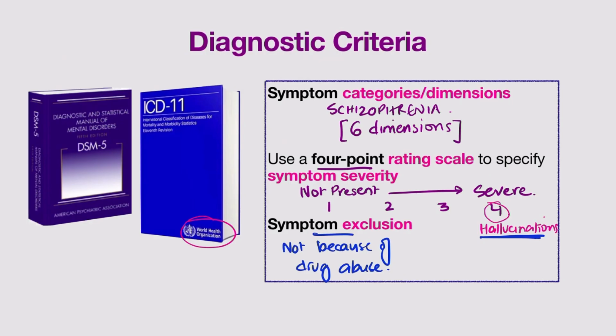And there are also certain symptoms that will not be indicative of schizophrenia, and that means simply that they may indicate the presence of a different disorder. So clinicians have to be extremely careful when they are using this diagnostic criteria within the ICD-11 to ascertain whether somebody has schizophrenia or not.